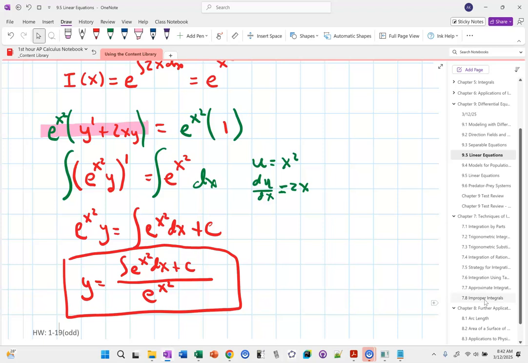I don't know how much more continuing to pick practice problems from there is going to be super beneficial, without doing some reteaching on top of that. But yeah, that's kind of the plan here.